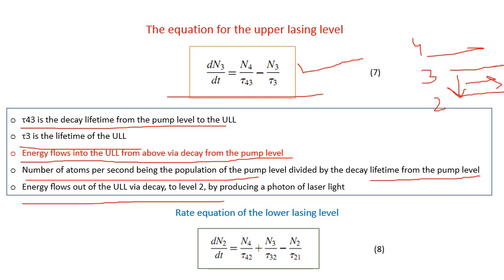So the rate equation of the lower lasing level for N2 can be like this: N4, N3 minus N2. Lasing is happening between N3 and N2, and these are decay times.